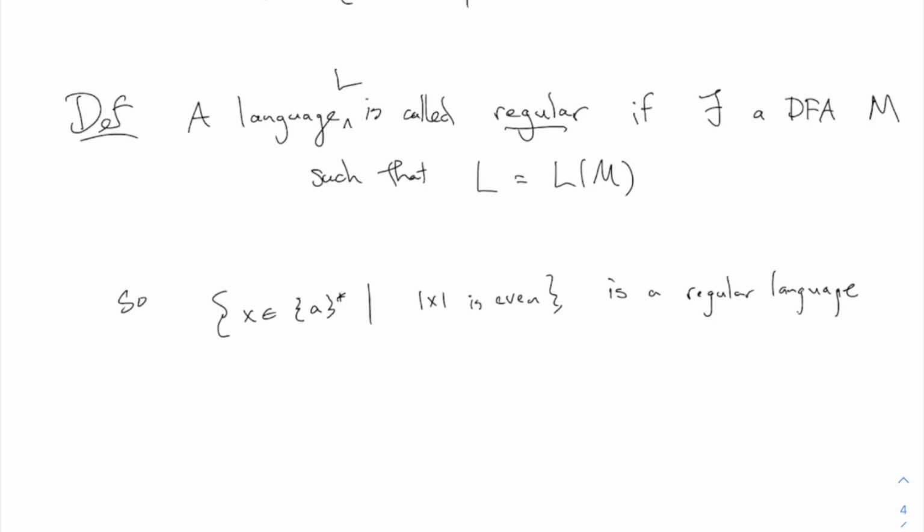If you wanted to write a little proof, I suppose, it's the language of this DFA that we have so often used, right? It's the language of that. That's the DFA which accepts strings of even length on just the letter A. So that is a regular language, all right?